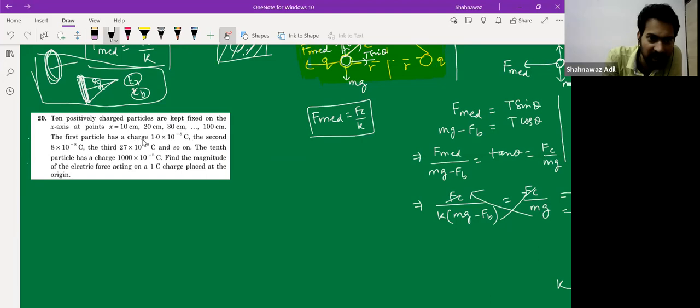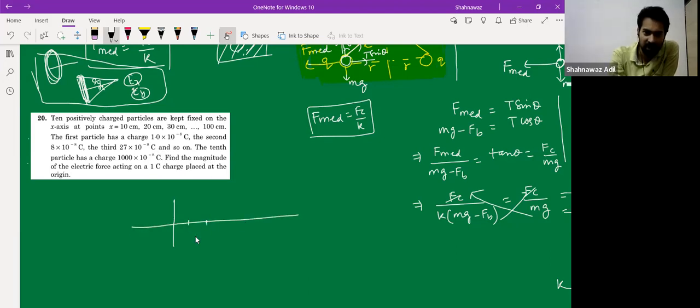The first particle has charge A, the second is 8, 27, and so on. The 10th particle has charge this. We have to find the magnitude of the electric force acting on a 1 coulomb charge placed at the origin.